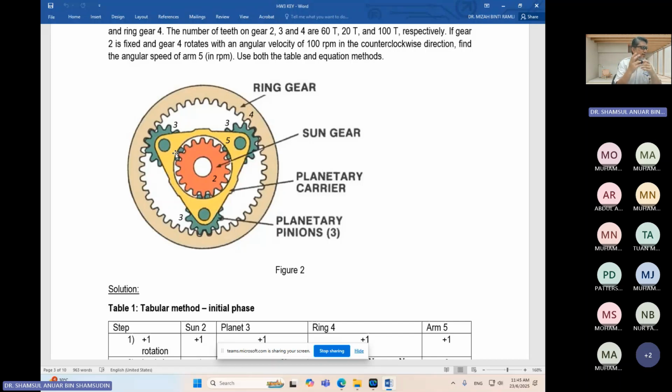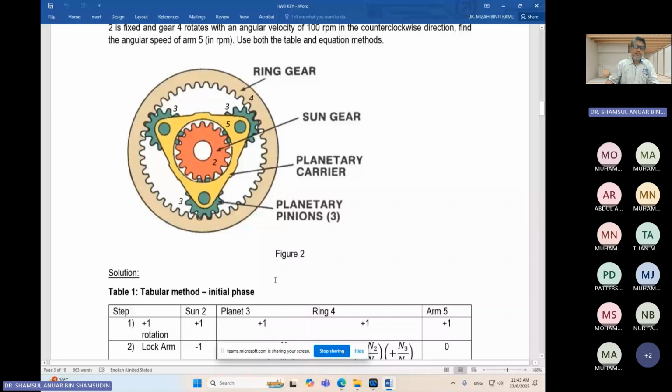If you have one planet gear, that planet gear will handle all the burden. Whereas if you have 3, the burden will be divided by 3. But in terms of kinematics, there is no difference whether you have 3, 4 or 5.